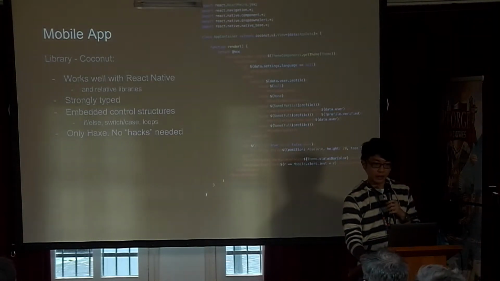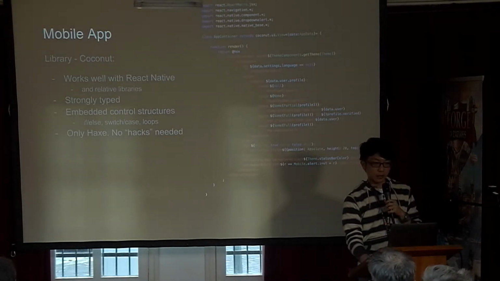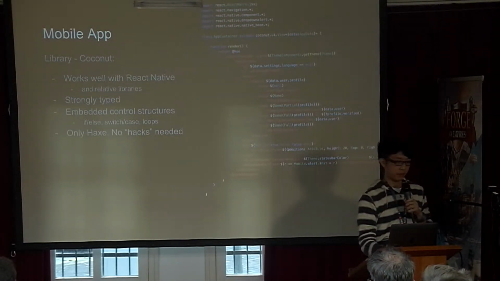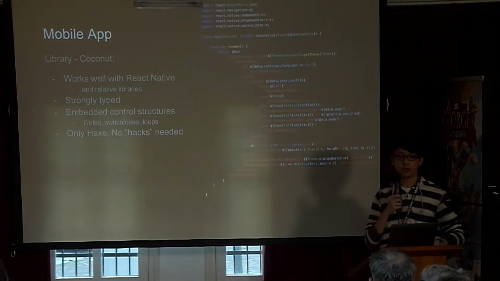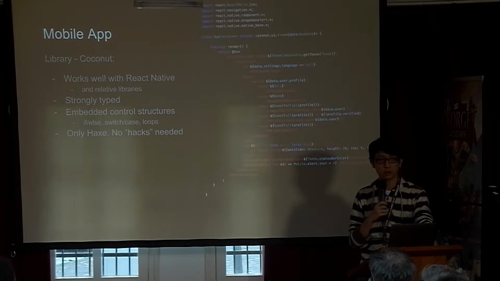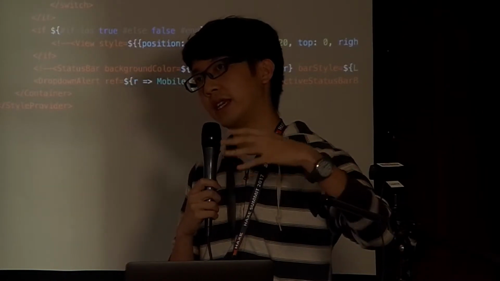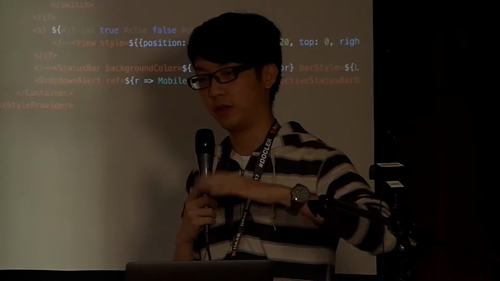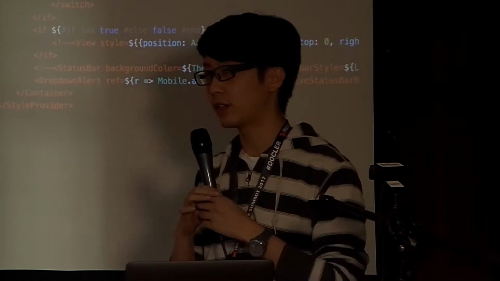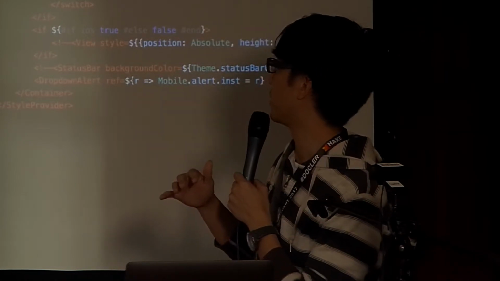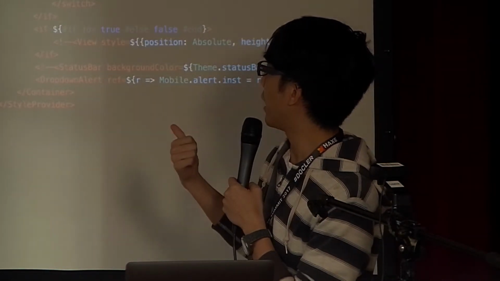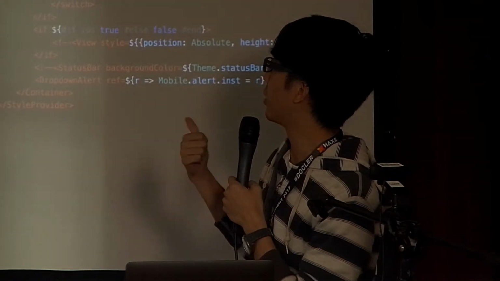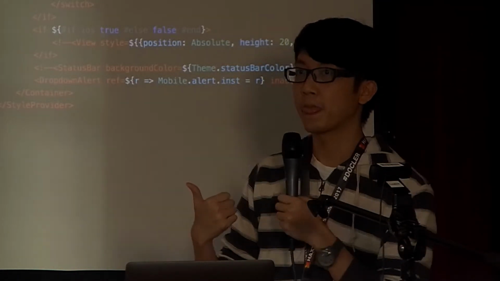Coconut itself is just a framework for combining and rendering data into a hierarchy of views, but the actual rendering has to be done by some other libraries. So in mobile, I will use React Native, and on web, I will use the VDOM library.